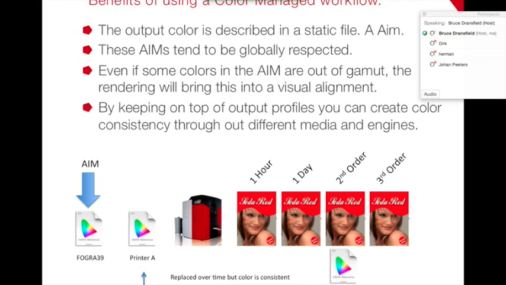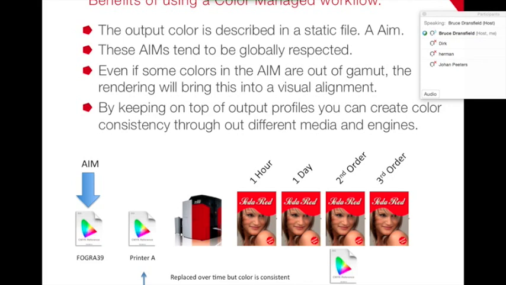So, benefits of using a colour managed workflow as opposed to a non-colour managed workflow. We have an aim. We have something we are trying to achieve. If we go for industry standards, those aims are globally respected in terms of colour.